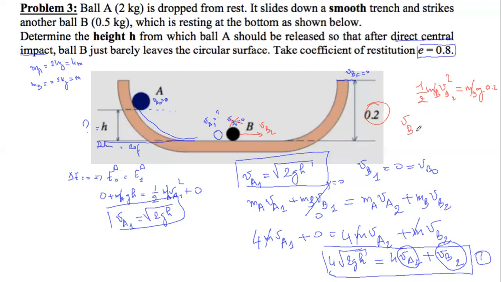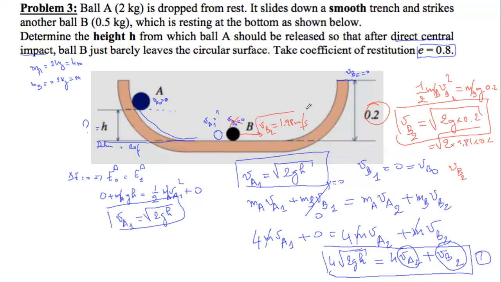So this will give me VB2, which will be just square root of 2g times 0.2. We can do the calculation if you want: square root of 2 times 9.81 times 0.2. This will give you VB2, the velocity of B just after collision, of 1.98 meters per second.